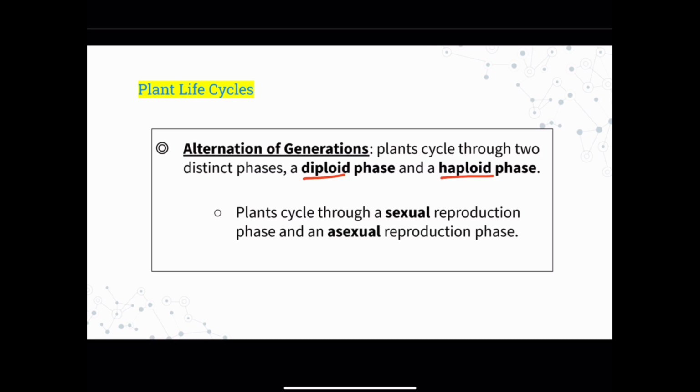If I remember, diploid also meant double, okay? And we used to represent it by 2N. And all that means is that it has two copies of the DNA, while our haploid is just one N, which means it has one copy of DNA.